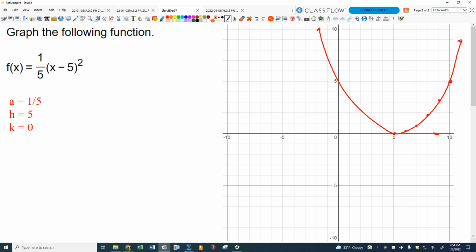Okay, other ones. Anything else? Yes, ma'am. 3 and 9. Sure. Oh, okay, square root.